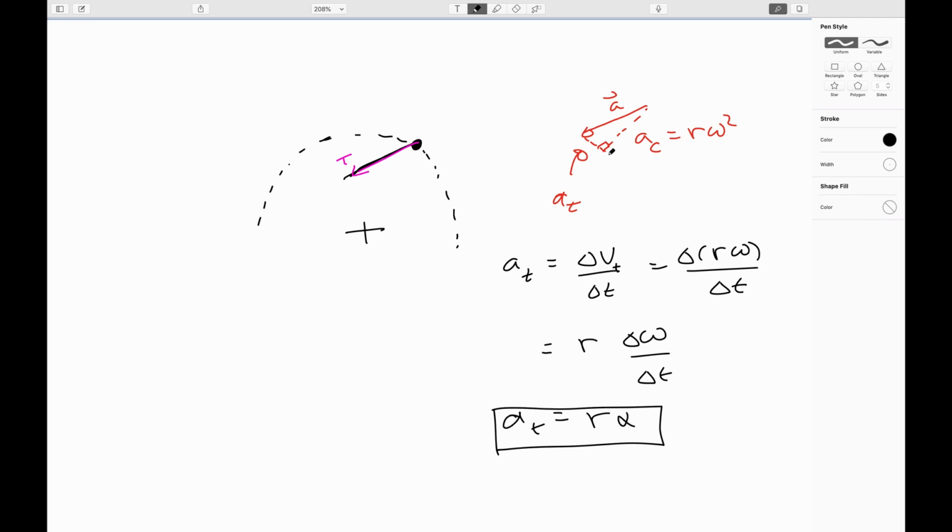So then to get the complete acceleration, if you need the magnitude of it, you would use the Pythagorean theorem: square these, add them together, take the square root. Okay.